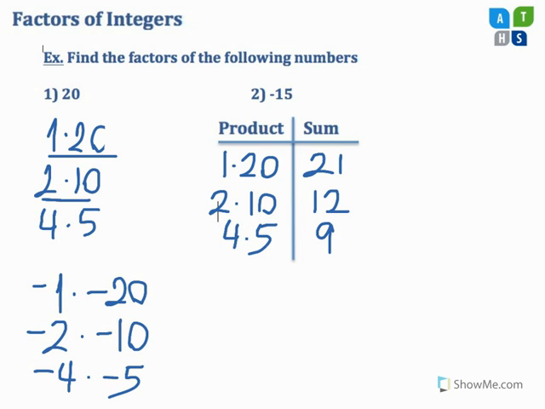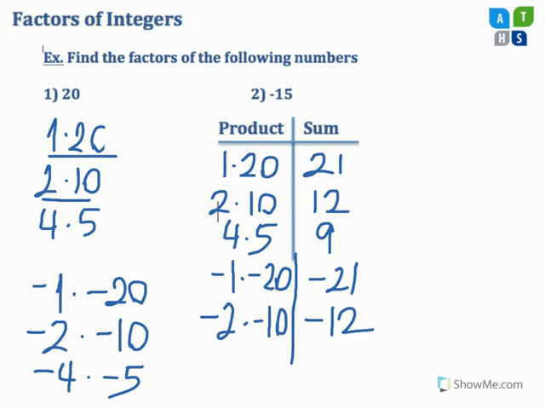Now we will do the same thing for negative values, but let me tell you, it will be the same number with a negative sign, meaning minus 1 times minus 20, which will make minus 21, minus 2 times minus 10, which will be minus 12, and minus 4 times minus 5, which will make minus 9.